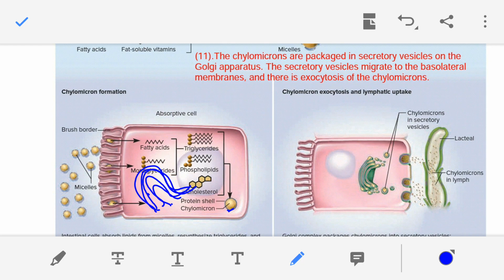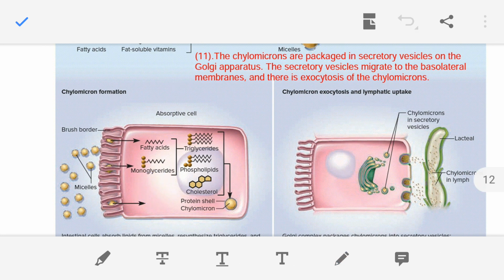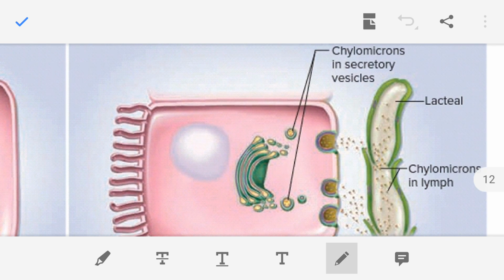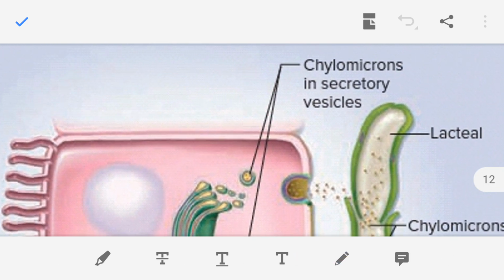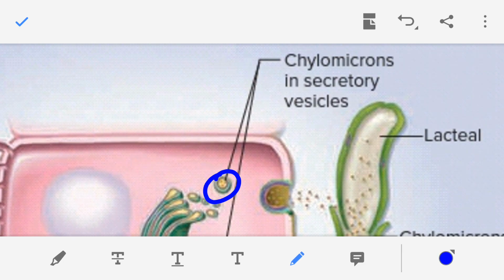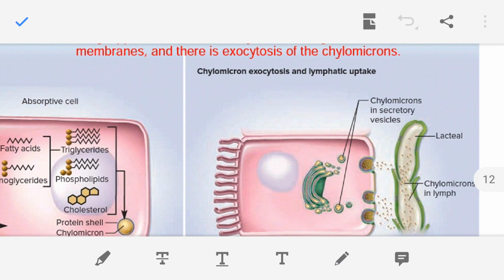It will fuse with the Golgi body, and the Golgi apparatus packages this chylomicron. The Golgi apparatus is releasing the secretory vesicle, and this secretory vesicle has the chylomicron inside.